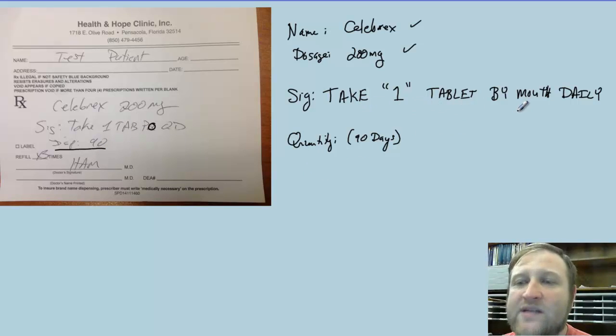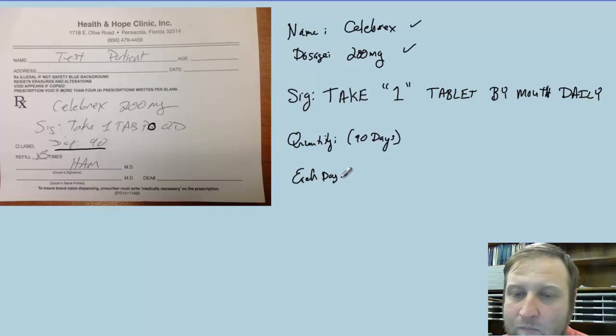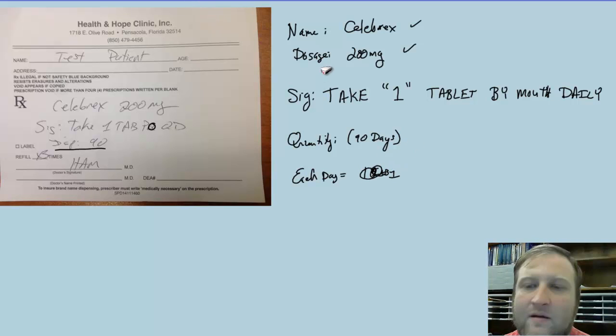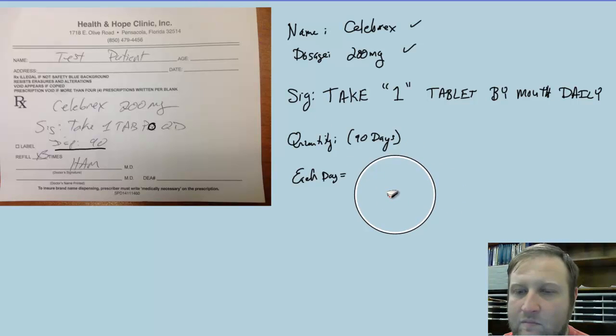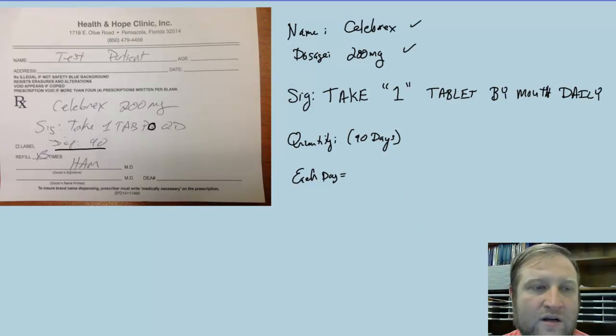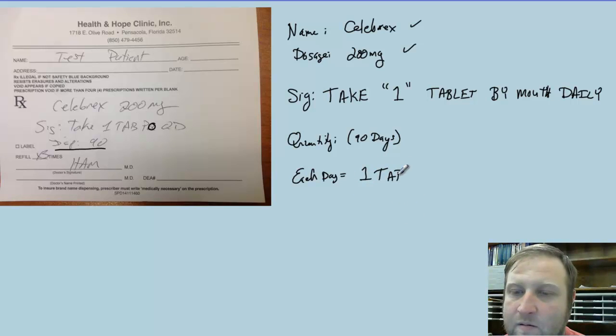If they take 1 tablet by mouth daily, that means each day they take 1 tablet. 1 tab per day.